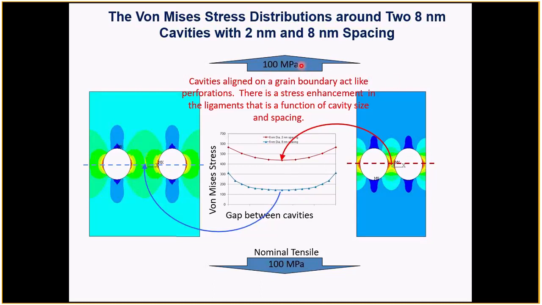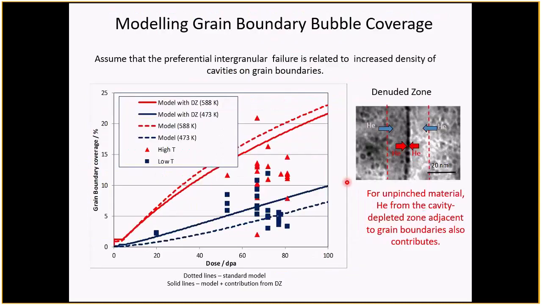So even though you might have a standard applied tensile stress, the stress intensity between the particles is a function of the ligament distance between the particles. So to some extent, yes, it makes sense that the material will be weaker when we have this kind of structure.